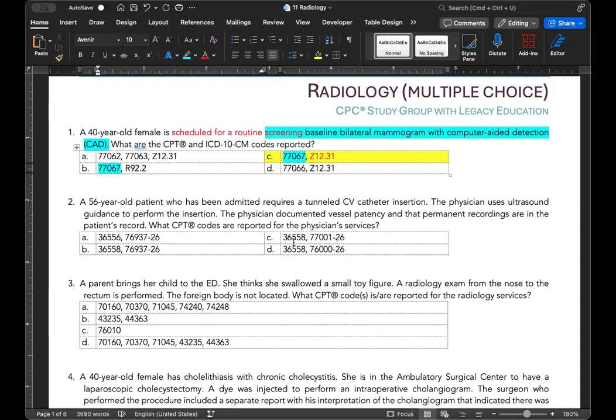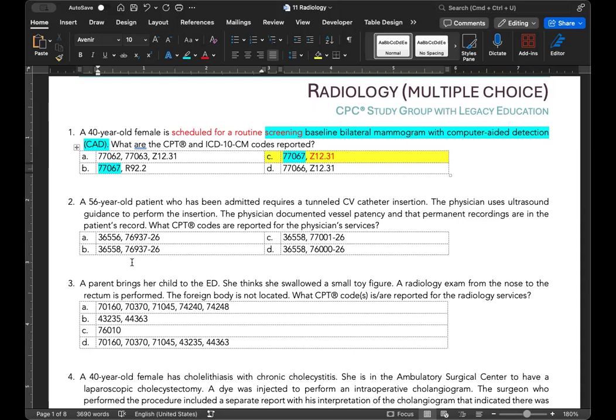So if the physician is doing both the cardiovascular procedure, we also have to report the radiology service as well. So that might be why in your radiology or the 70,000 series on your exam, you might have questions that include another surgery section component. So from a testing perspective, we're going to do process of elimination.